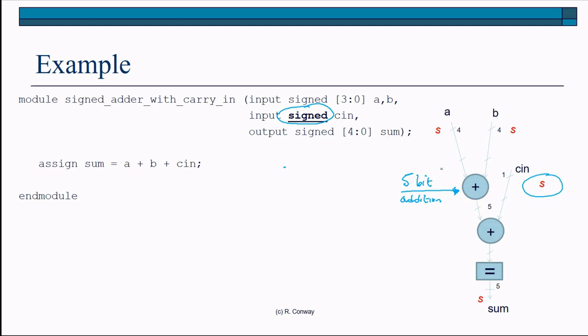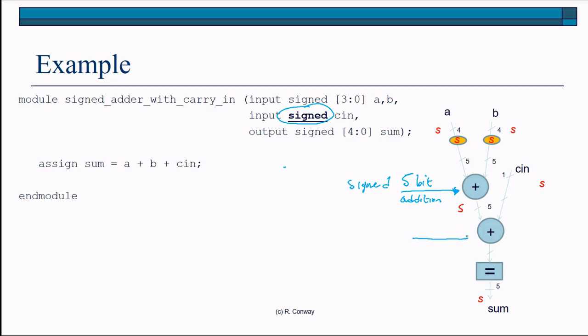So when we determine the sign for this addition, we have to look at A, B, and Cn. And all are signed, making this a signed addition. And the output is a signed value. Because it's a signed addition, the extensions will be signed extensions from 4 to 5 bits.